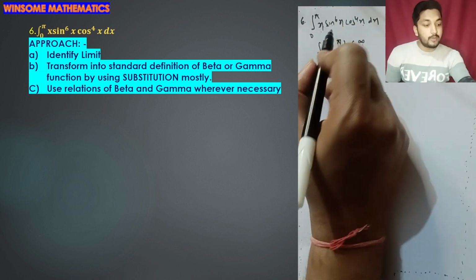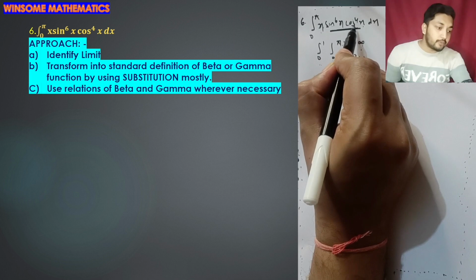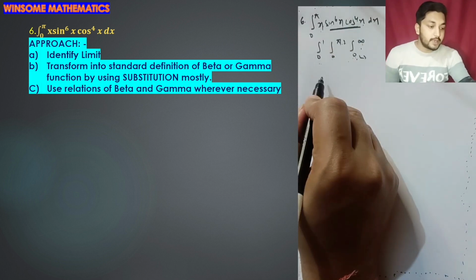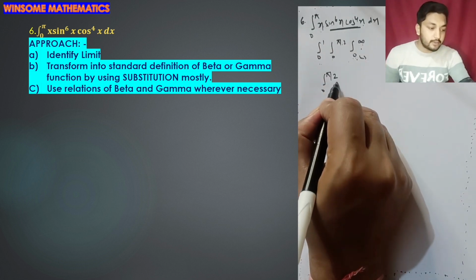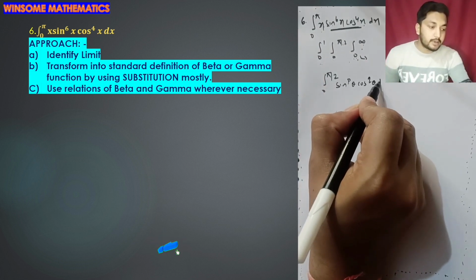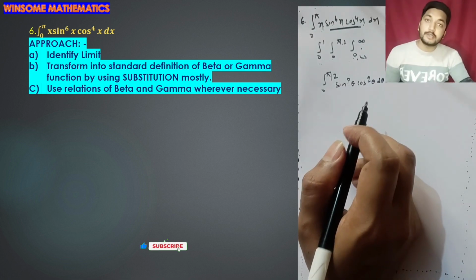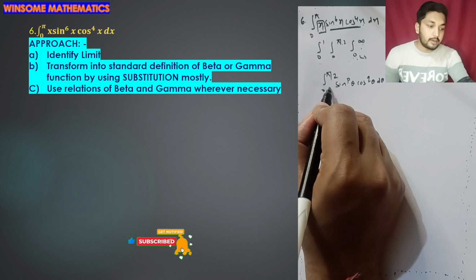Now just by looking at this question, we know it has the form 0 to pi by 2, because sine and cos are present: sin to the power p theta and cos to the power q theta d theta. But the major problem is that we don't have the term x in the definition.